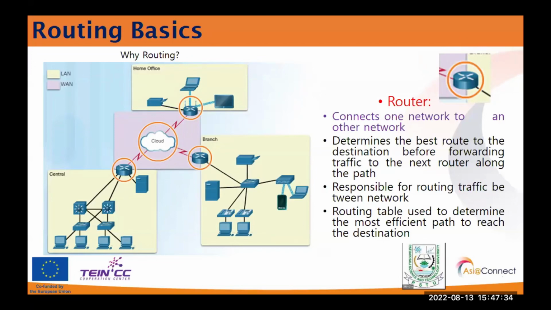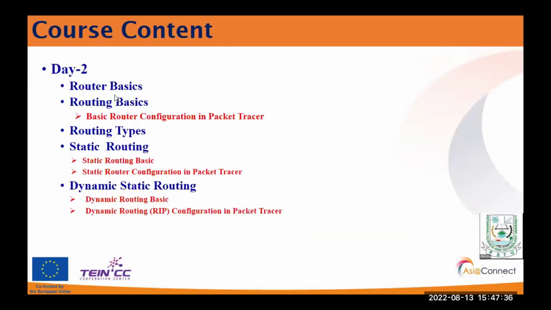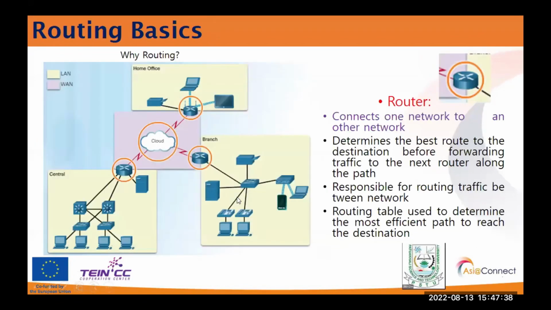Okay, so when a router, suppose R1 or R2, any router, receives a packet, when a packet from any host arrives on a router interface like this one, from this host, the router receives a packet on a router interface.